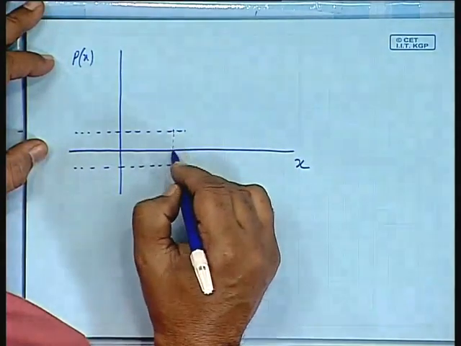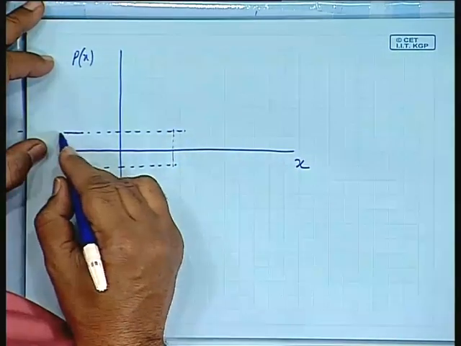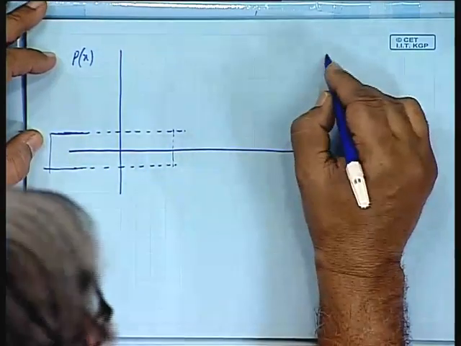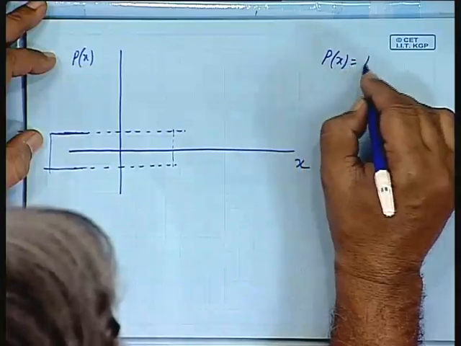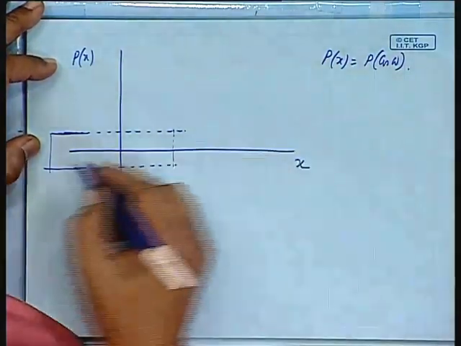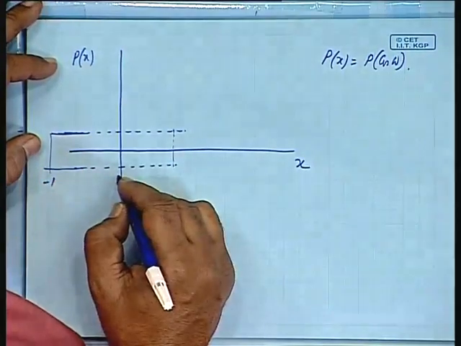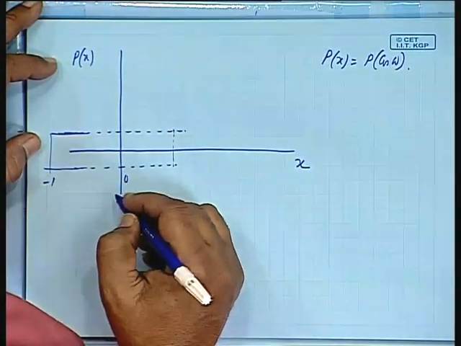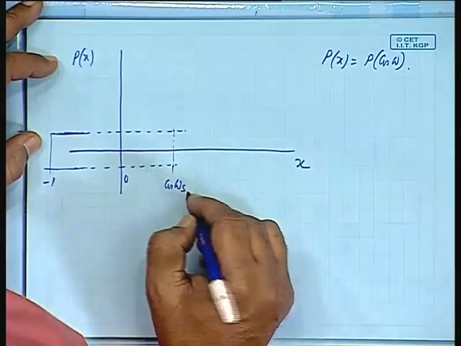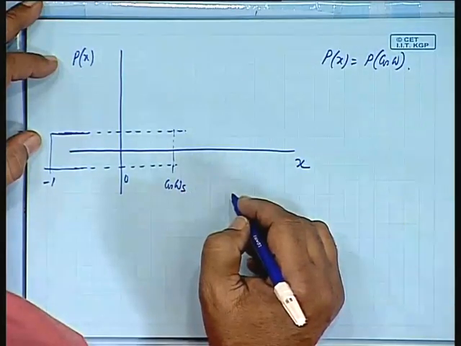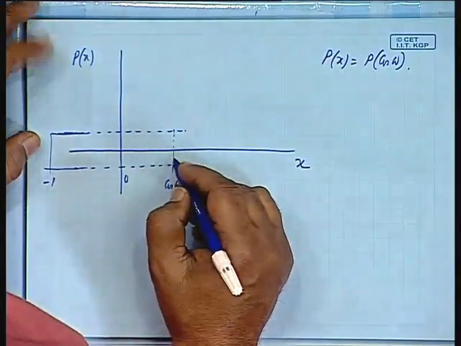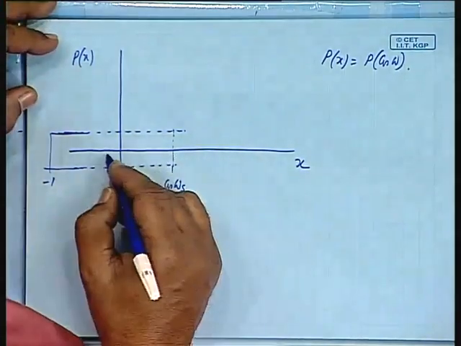Px is P of cosine omega. Minus 1, 0, this is cosine omega s, the stop band edge. We are assuming that omega s is such that its value is positive, it could have been negative also.